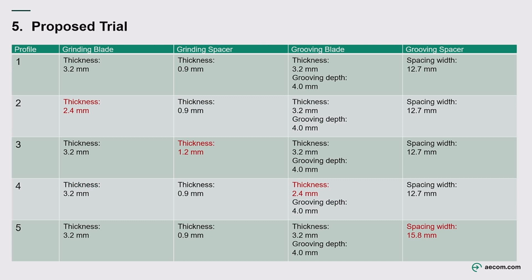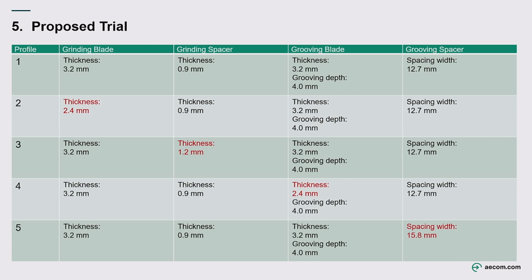So what we wanted to do now is to carry out some trials to try to identify the best or the most optimum profile that can help us reduce cost, but at the same time maintain some benefit in noise reduction. So we started from a very basic profile which uses the same blade with a very fine spacer and some spacing widths.